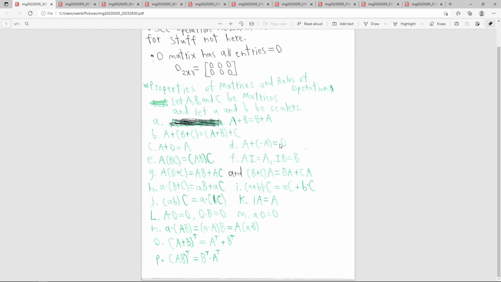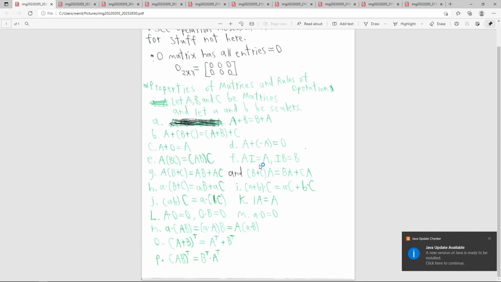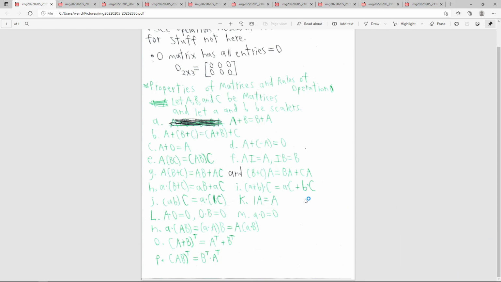It's a lot of obvious stuff from normal algebra, a lot of it applies, like A times identity equals A, and I times B equals B. Identity is I, because I is the identity matrix and such. There's a lot of properties here that aren't really too important, just mostly intuitive.